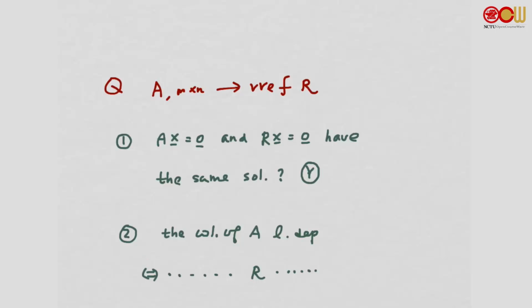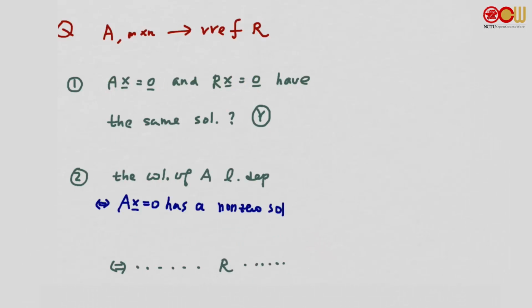Why? Because of the first property. Remember, the columns of A are linearly dependent if and only if the homogeneous equation has a non-zero solution.